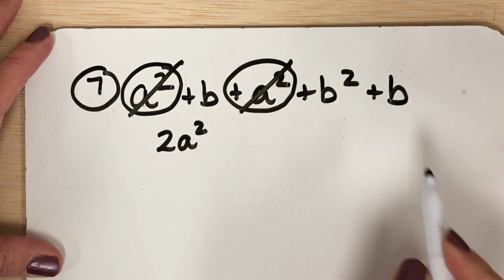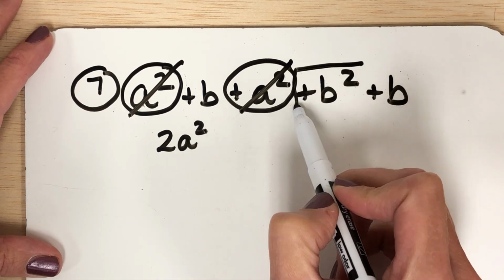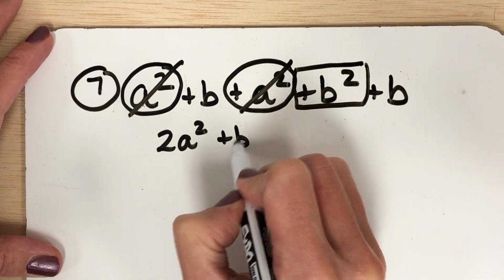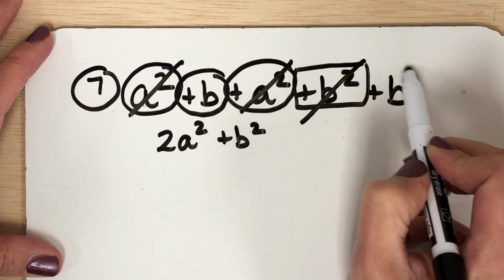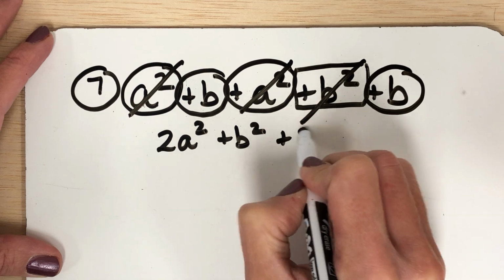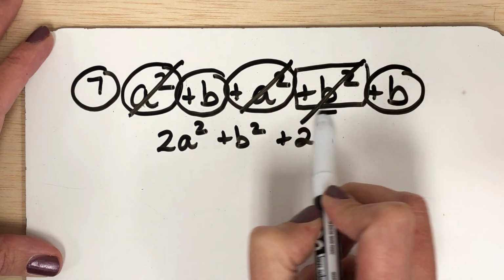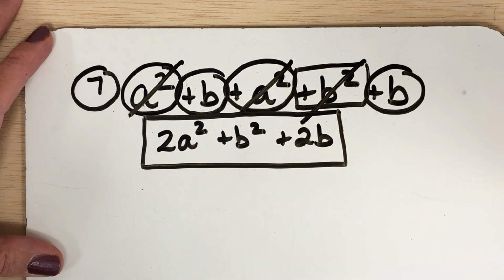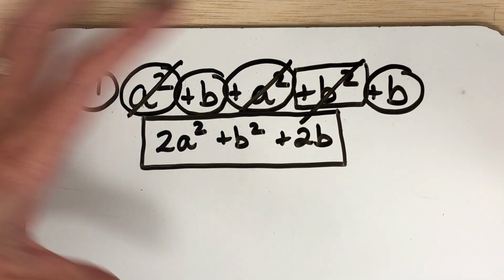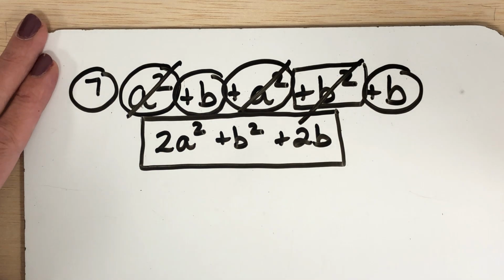They're done. I'm going to combine my b squareds next. This is a positive b squared. That one's done. And then I'm going to combine my b's. So that's a positive b and a positive b. That's positive 2b. So that is my answer for number 7. 2a squared plus b squared plus 2b, and there's no other way to combine that anymore. That's all we can do.